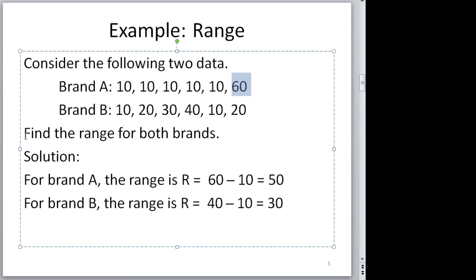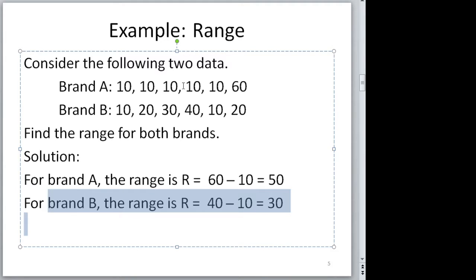However, if we just find the range, brand A is going to be 60 minus 10, which is 50. Brand B would be the highest value 40 minus 10, which is 30. So if we just consider the range, it wouldn't capture this type of situation.